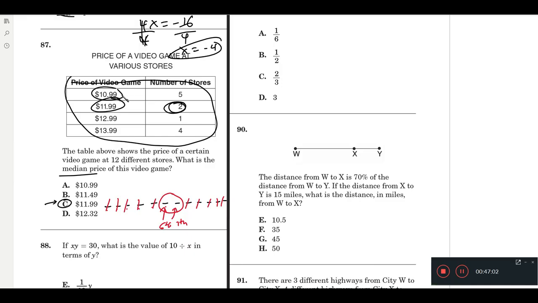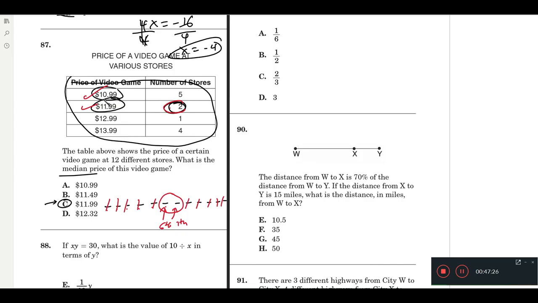Yeah. Now from the list, I have 5 10.99s and then 2 11.99s. So what will be the 6th number in this set? 11.99, because it comes after the 5 10.99s. The 6th one is 11.99, the 7th one is also 11.99, then the 8th one will be 12.99. But we just care about the 6th and 7th.